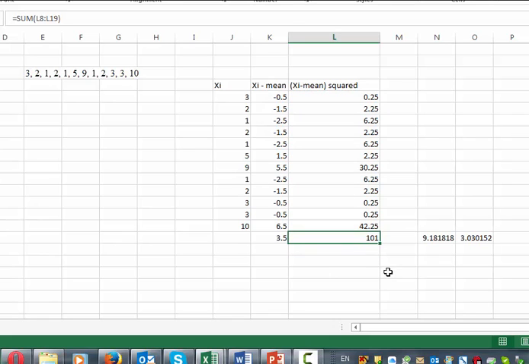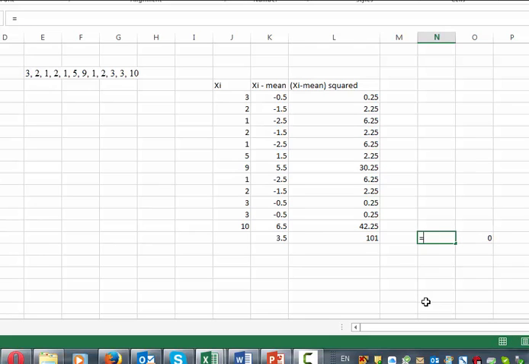And also from the definition of standard deviation, next we need to use the sum of the squared difference. We need to divide that by the total number of samples, n minus 1.